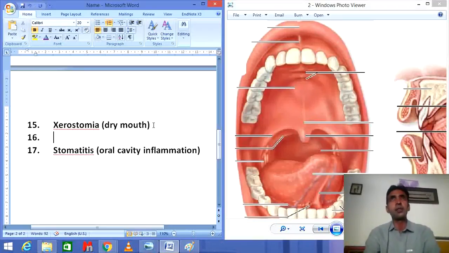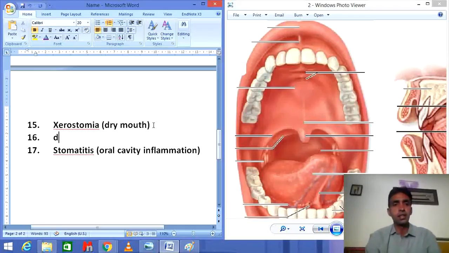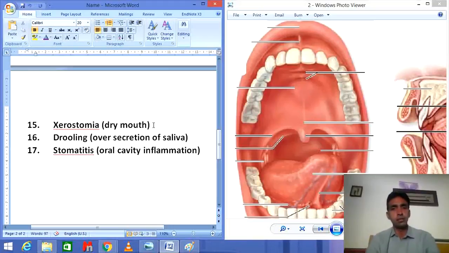And there is overproduction of saliva. Sometimes saliva is produced in very large amounts, and that leads to saliva flowing outside the oral cavity. That is called drooling. This is the overproduction and secretion of saliva by the salivary glands.